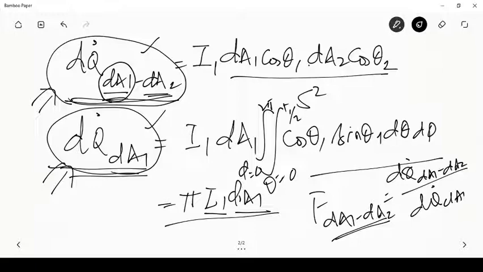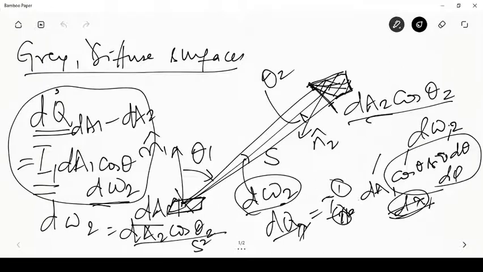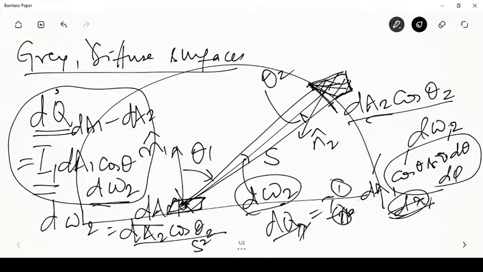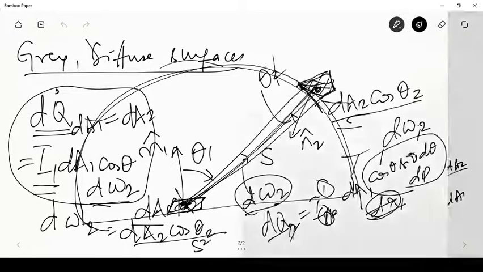So if I construct a hemisphere over this area dA1, then some amount of energy that leaves here reaches here, the rest of the energy goes out in this. So the second term is the one that leaves here and goes out through the entire hemisphere. The first term is the energy that leaves here and goes over this. So this divided by the total is what you get as the fraction.